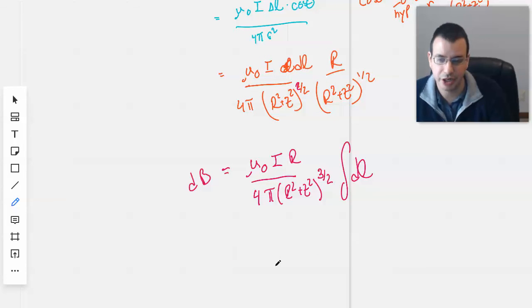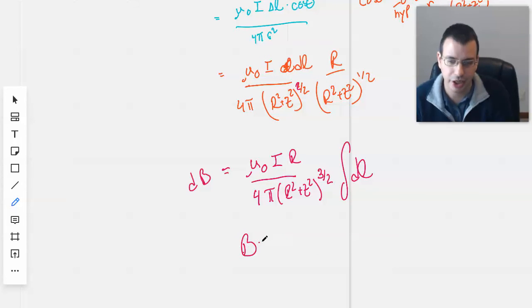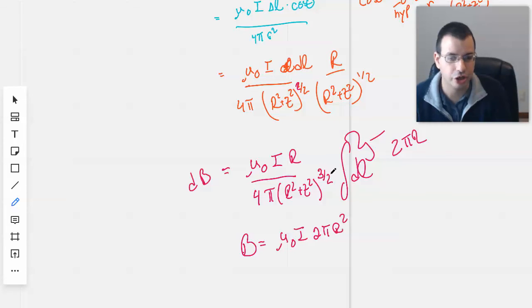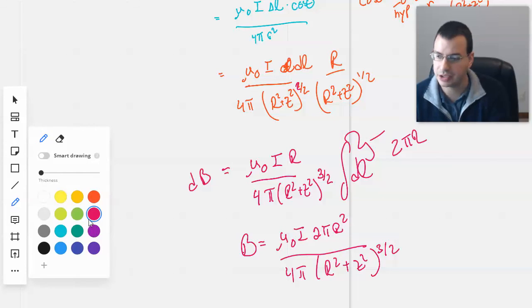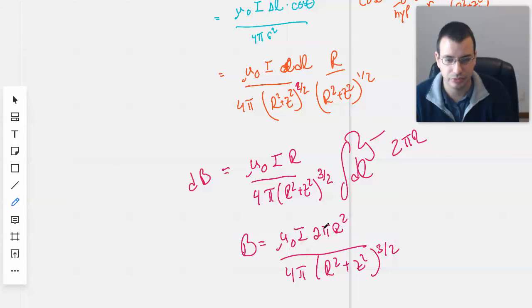And so we can factor everything out, and then this becomes integrating. So this portion right there is just the loop, which is 2 pi big R. So we have mu naught I 2 pi, I'm going to call this R squared, 2 R's, 4 pi R squared plus Z squared to the 3/2. Do some canceling. Cancel. 2.